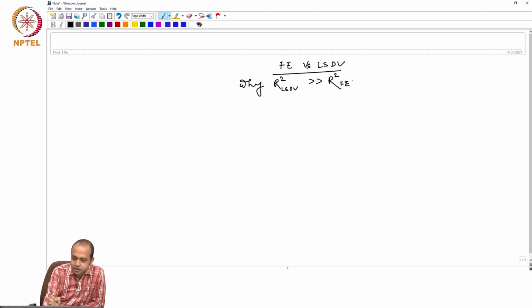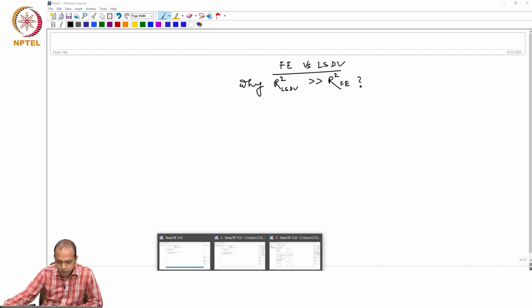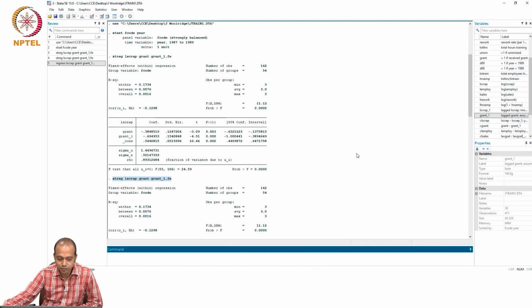Now, the answer is very simple, because in LSDV we are actually including too many explanatory variables in the form of too many dummies. So, obviously, when you include too many dummies, you are explaining the unobserved heterogeneity quite well by including too many individual specific dummies. That is the reason R square is so high in LSDV.